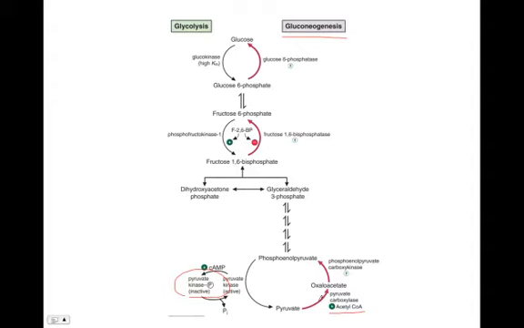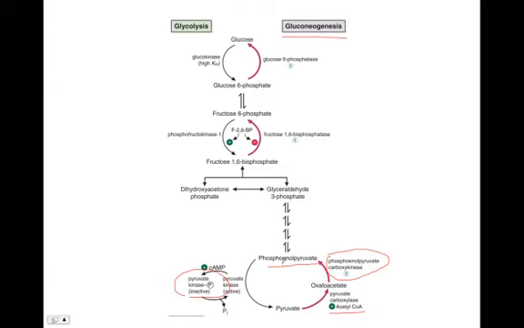Oxaloacetate can be shuttled out of the mitochondria as malate and can be converted to phosphoenol pyruvate using the enzyme phosphoenol pyruvate carboxykinase. The coupled reactions of pyruvate carboxylase and phosphoenol pyruvate carboxykinase bypass the enzymatic reaction of pyruvate kinase.